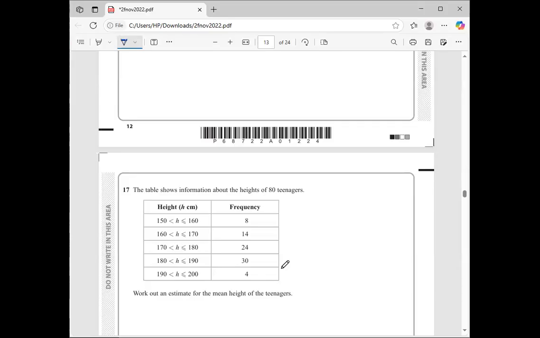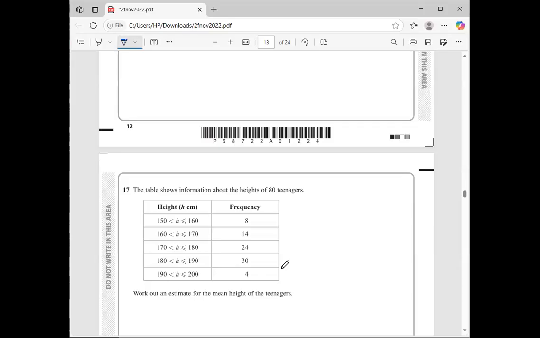Did you get what I just said? I said another way you can get that 155 that you got is to say 150 plus 160 divided by 2. Yeah, that's another way you could get it. So moving on, can I leave it for you to do?